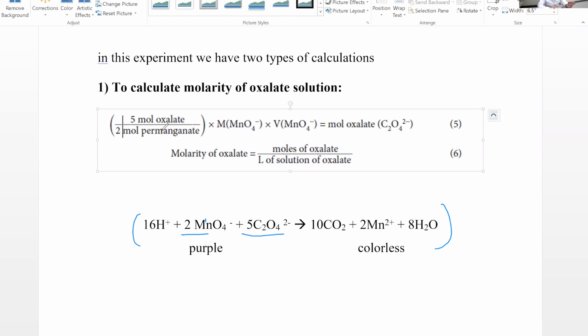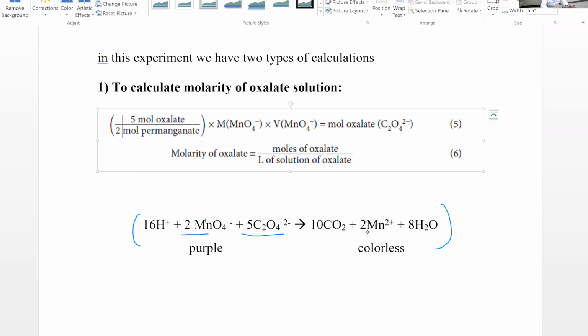The reaction is going to start slow, because it's a slow reaction to begin with. But when the manganese Mn2+ is created, that is going to act as a catalyst. So the reaction would move fast after the first few drops.